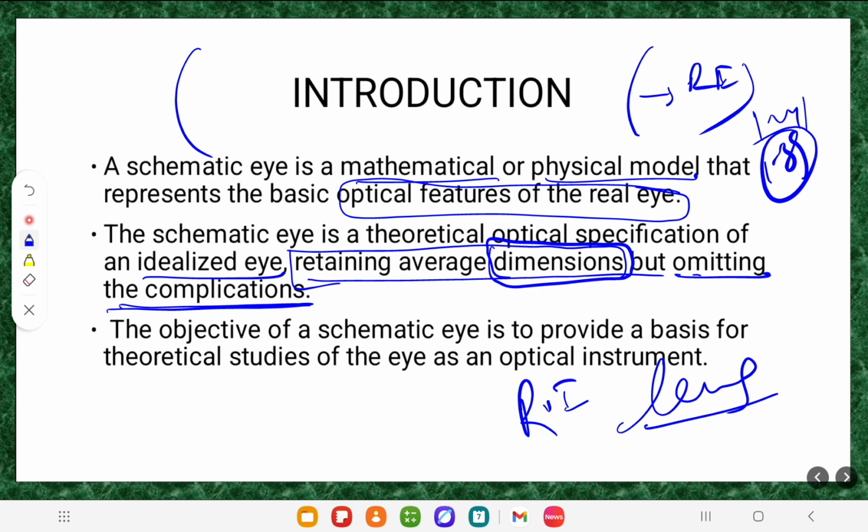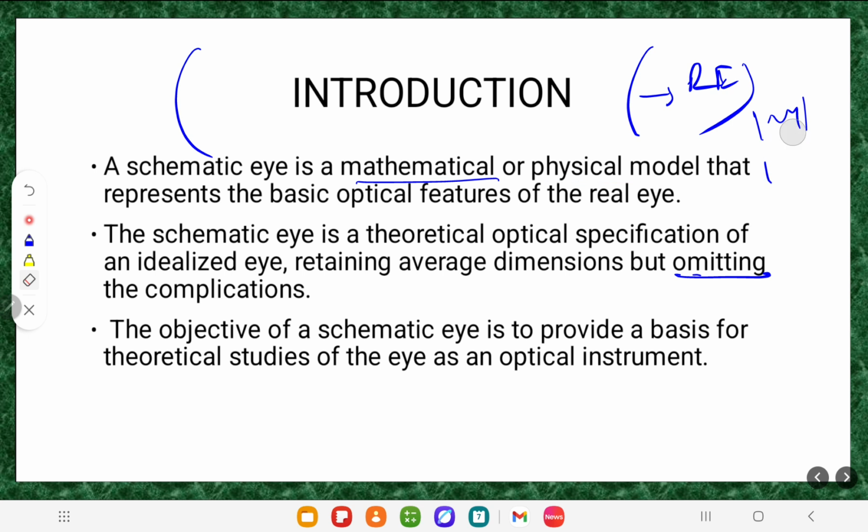The objective of the schematic eye is to provide the basis for theoretical studies of the eye as an optical instrument. That's a great point that you as an optometry student have to understand. The schematic eye is the only one in this field that has got a Nobel Prize till now.